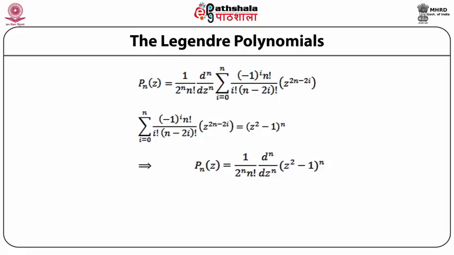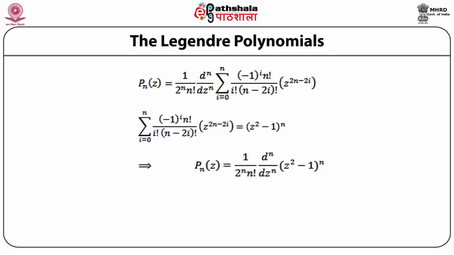Now, from binomial theorem, we know that summation over i going from 0 to n of (-1)^i n! z^(2n-2i) divided by i! (n-2i)! is equal to (z^2 - 1)^n.